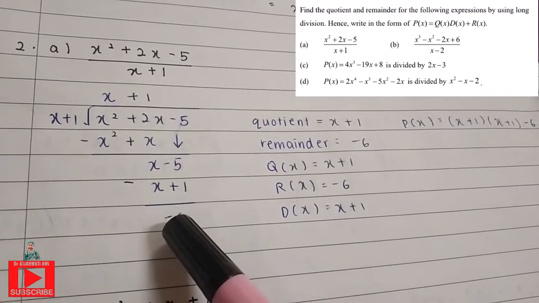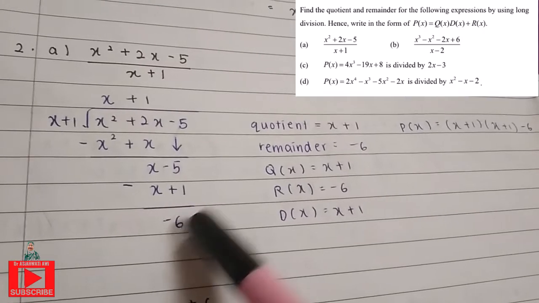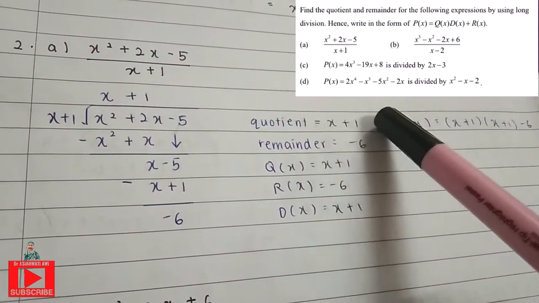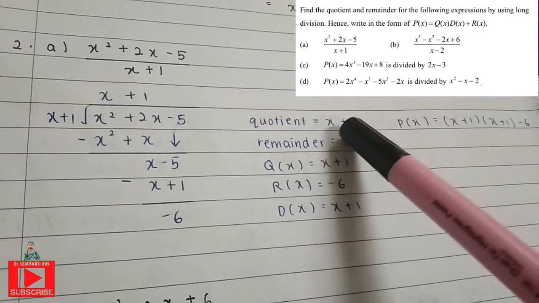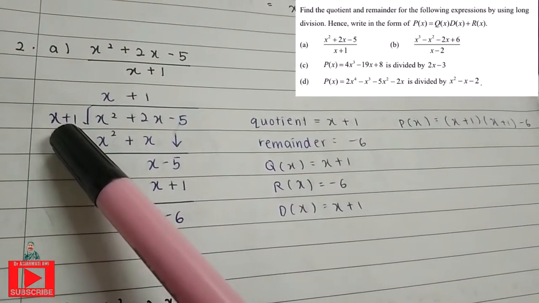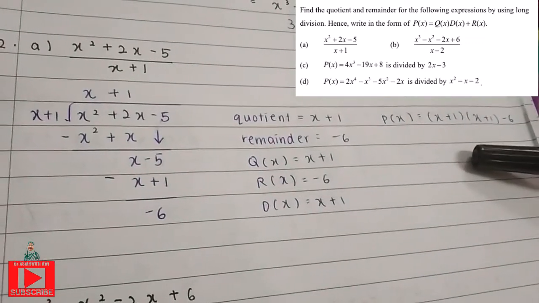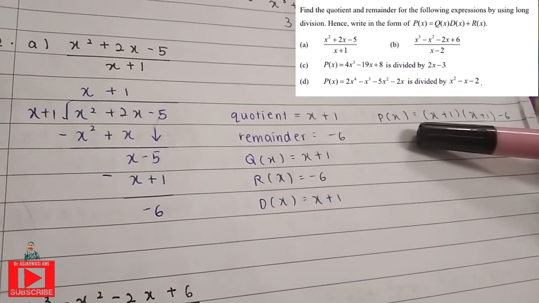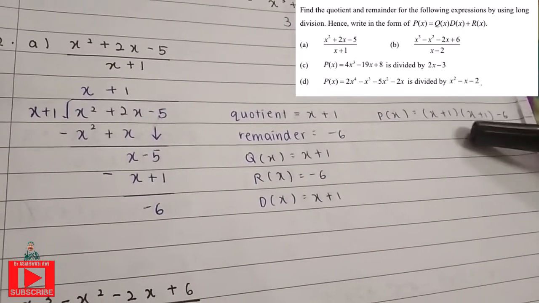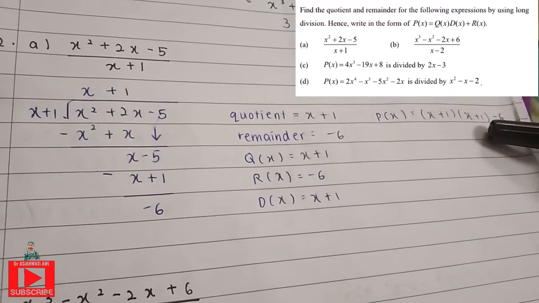This is our remainder, so we write that the quotient is x plus 1, the remainder is negative 6.